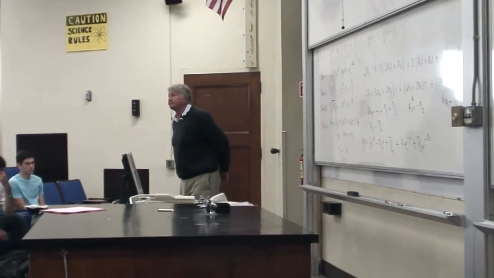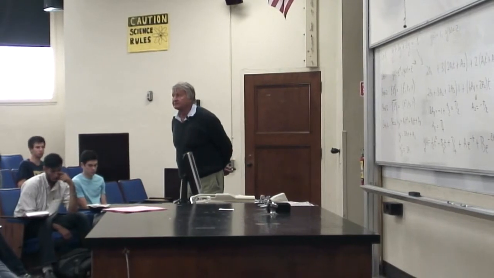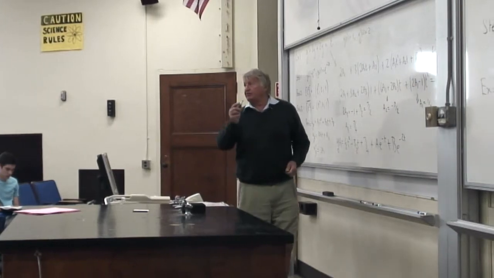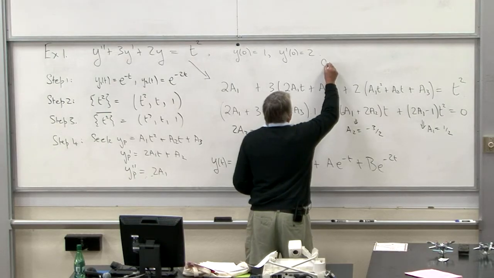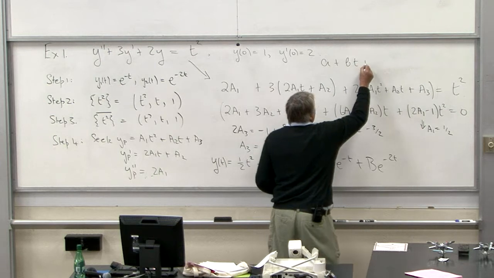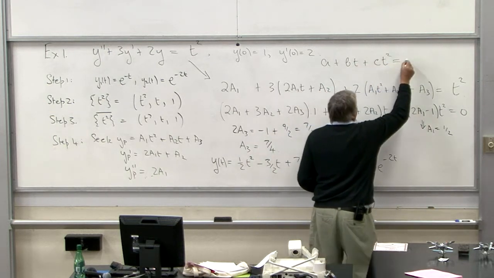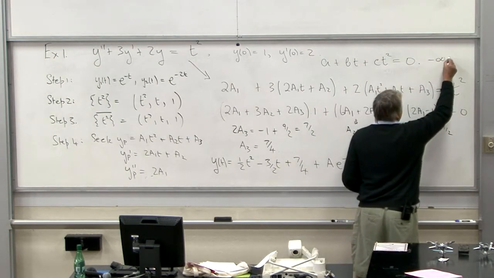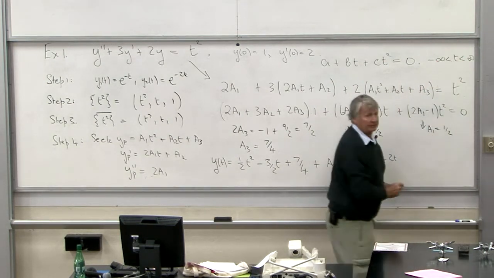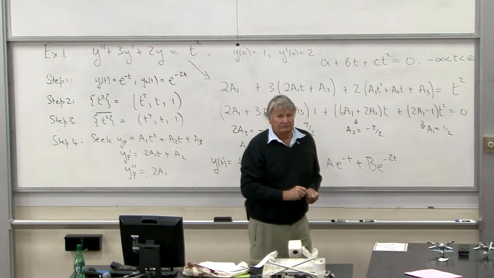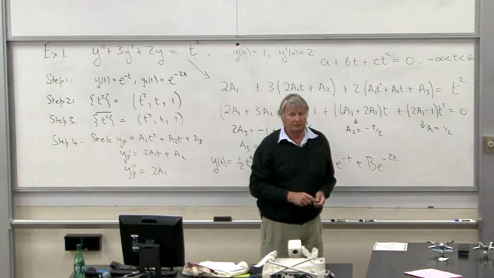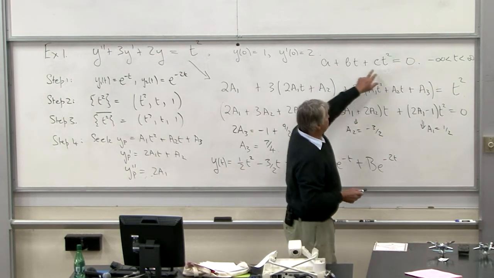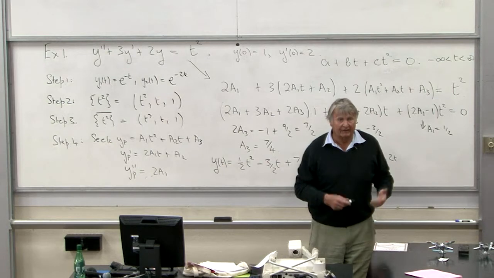Yes, question? Can you explain how you know the coefficients have to be 0? Okay. So supposing I told you the following. Supposing I say, okay, A plus Bt plus Ct squared, I'm going to demand that you make that 0 for all t between minus infinity and infinity. Now, is that possible? Well, at one particular t that solves that quadratic equation, it'll be 0.